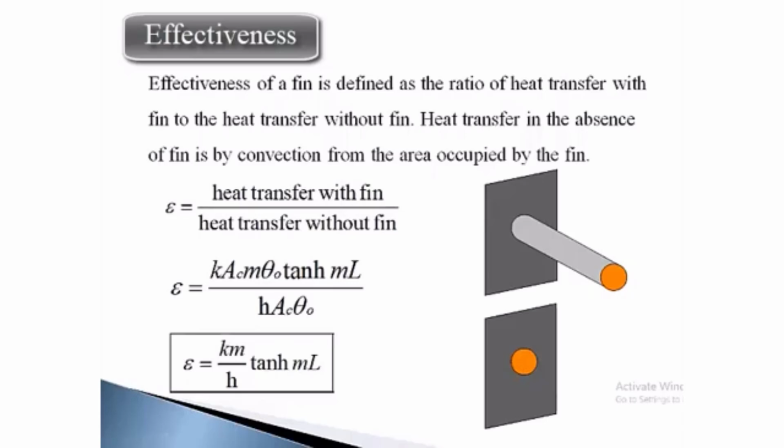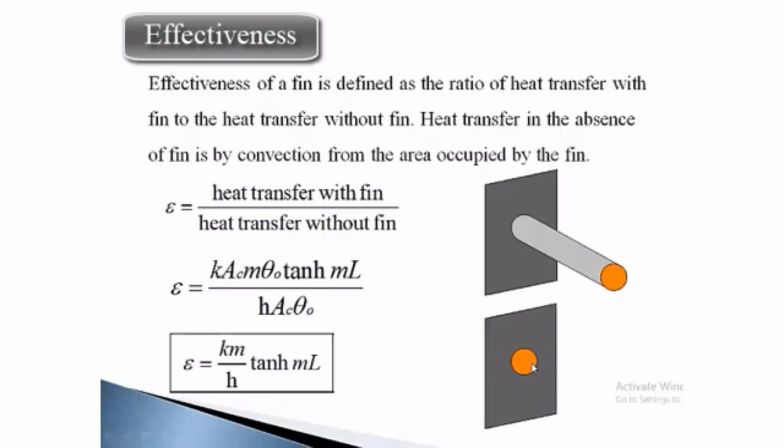Convective heat transfer. It is hAc theta 0. This area is Ac, the area of cross section of the fin. As per Newton's law of cooling, hA delta T is the heat transfer by convection, where h is the heat transfer coefficient, A is Ac, and theta 0 is the temperature difference at the base.